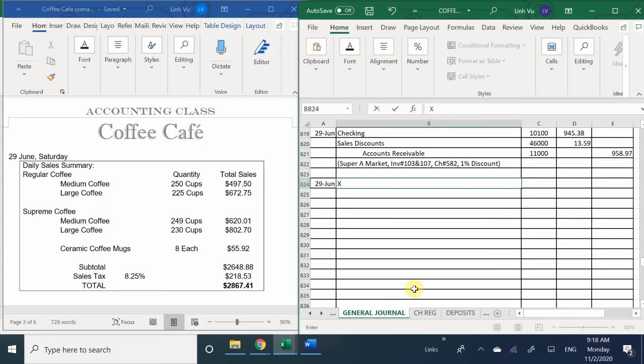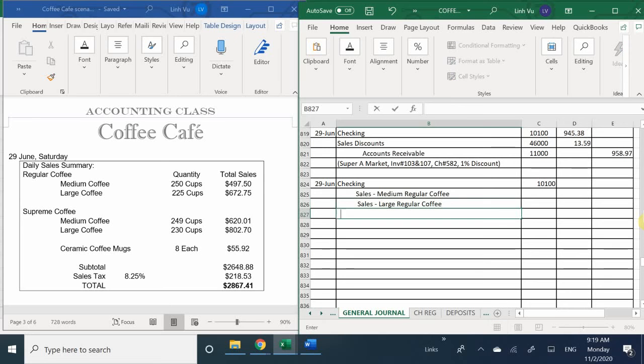First is checking for debit, and then we have sales, regular medium coffee. Then sales large regular coffee. Okay, what else?